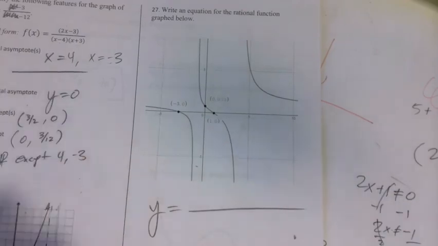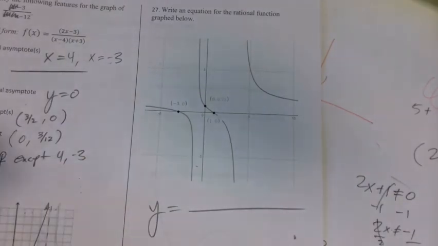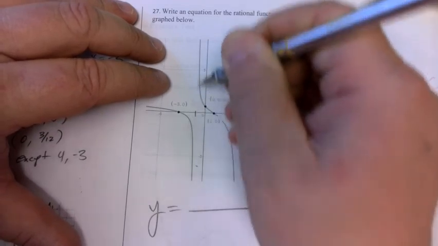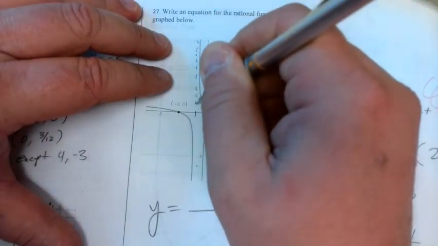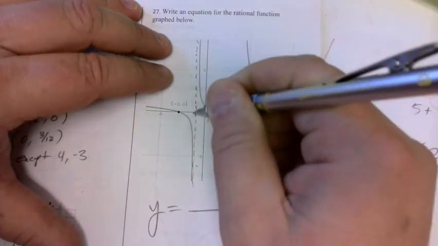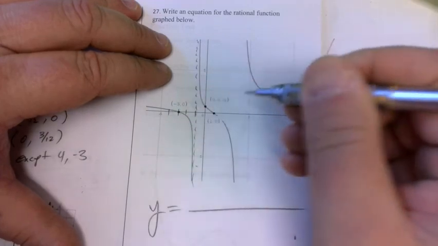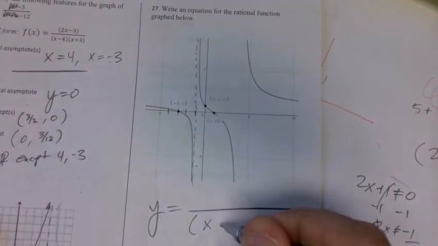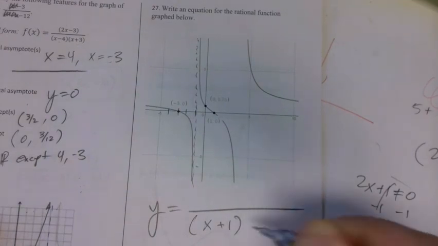Anyway, okay, last problem. Woohoo! Write an equation. It's going to be a fraction, right? Now, asymptotes. There's a vertical asymptote here. Well, that's 1, 2, 3, 4, 5. That's at 1. So if there's a vertical asymptote at 1, it's going to have a factor of x minus 1.